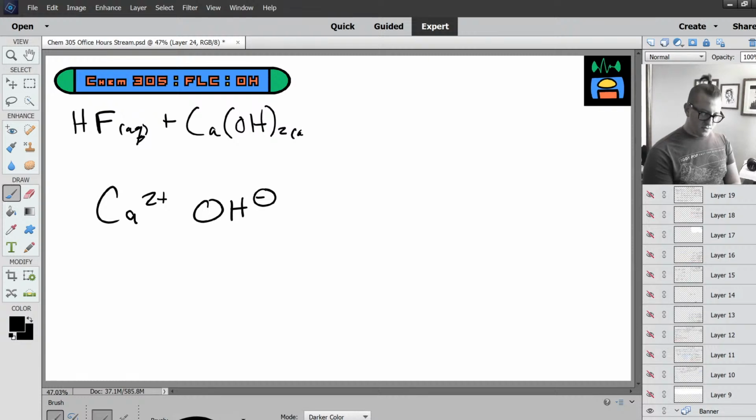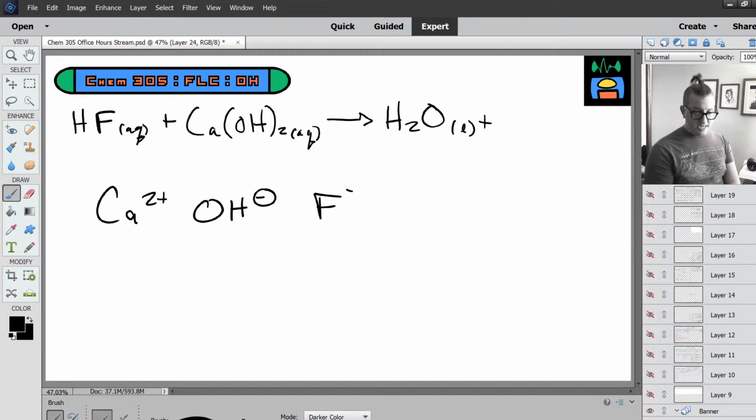So we have HF plus calcium hydroxide producing H2O plus our salt. The metal in the salt is calcium, and the A- in the salt is fluoride, so this will be CaF2, calcium fluoride.